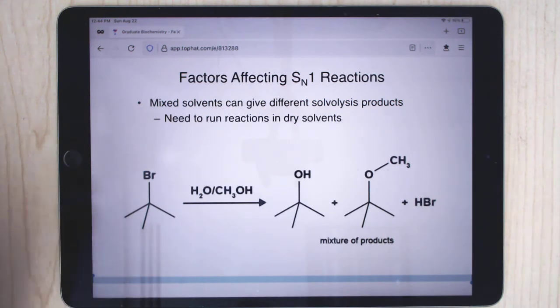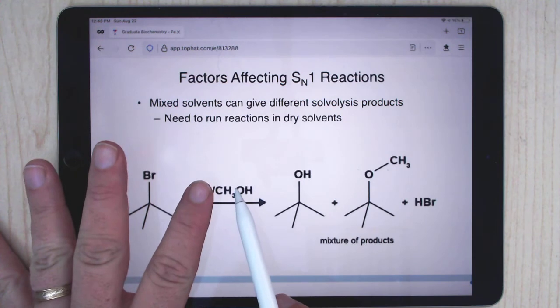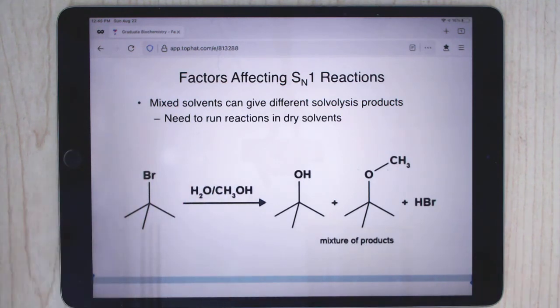That means there's a lot of water in the air, and for a lot of the solvents you have to be really careful that they don't absorb water. Let's say you wanted to do this reaction where you only had methanol. Well, if your reaction's a little wet, from absorbing a little bit from the atmosphere, you can get some of this product as well, where the water from the atmosphere will come in and react. So you have to be careful.